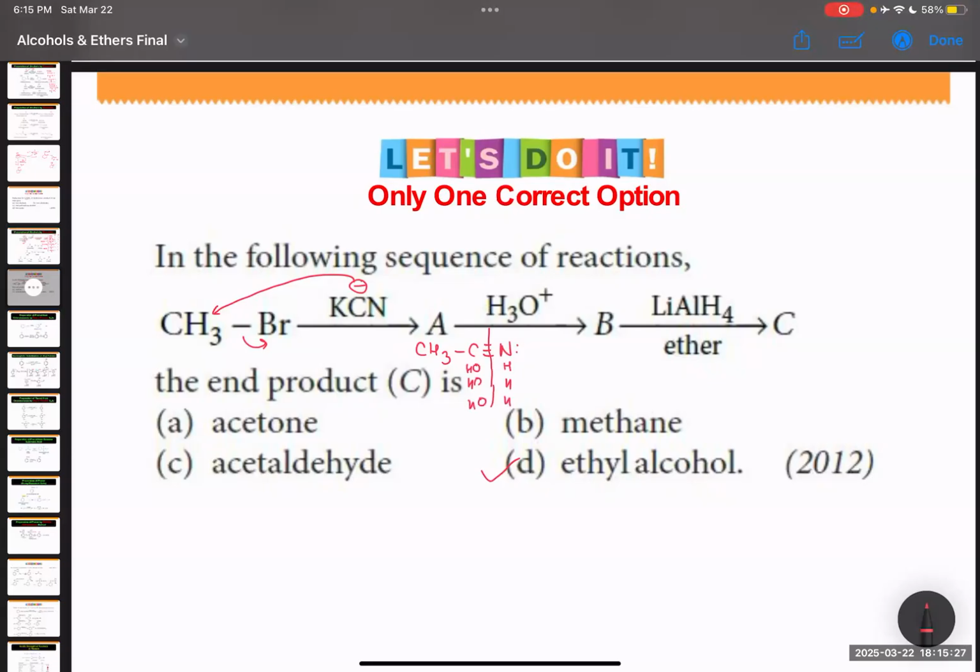So you will have a carboxylic acid, and ammonia will come out. Ammonia as ammonium. So we don't bother about ammonia because it is an inorganic product. Then you reduce it by LiAlH4, so you are going to get an alcohol. So that's how you are going to get the product. Got it?